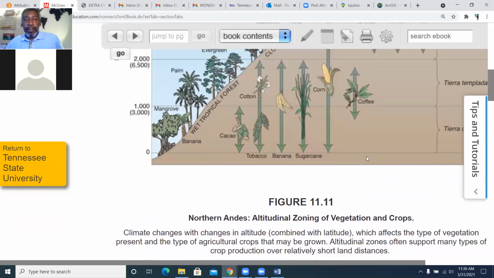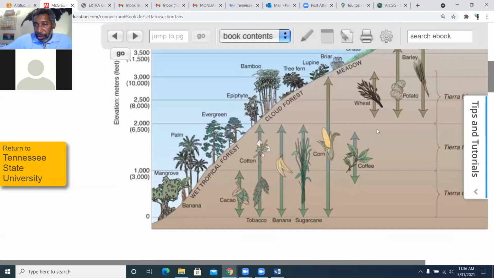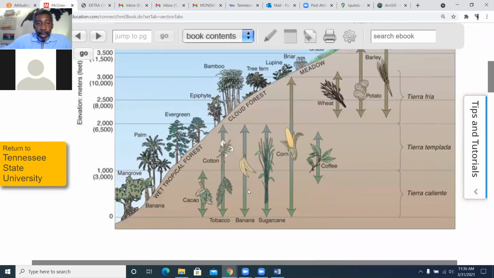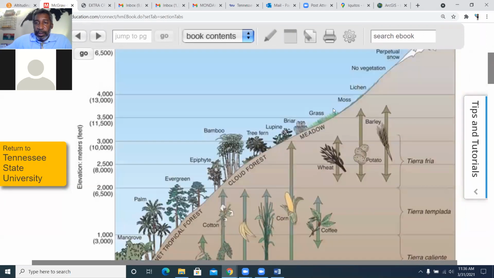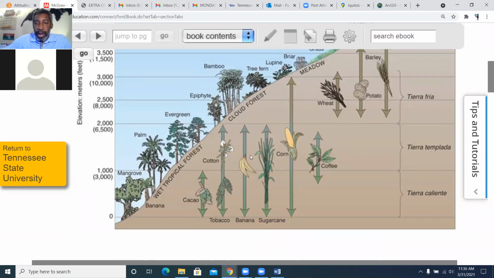This is a little bit more complex image compared to the one I just showed you, but you can clearly see that with higher altitudes and elevation, we have a change in the plants that we see. As we get higher and higher in elevation, we also see a change in the types of crops that are dominant at different elevations.